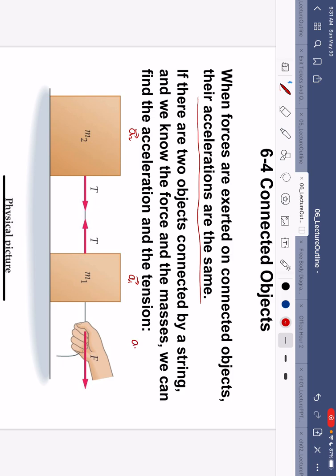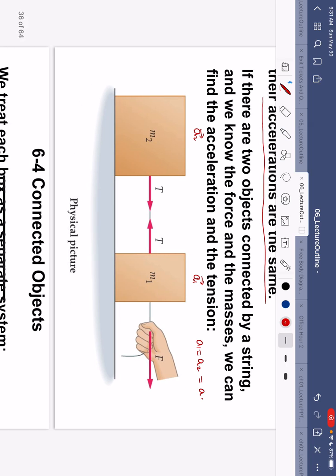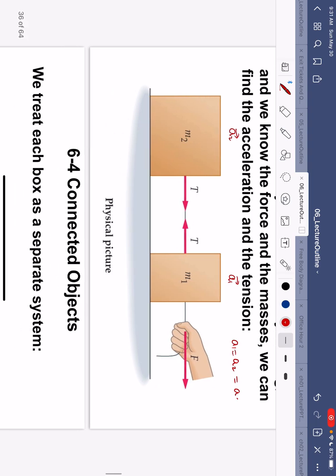Then here A1 equals A2, and it should be one A. Because if you say A1 and A2 and you start solving your problems, you might find, oh wow, I have too many unknowns. And of course, the tension in between them is going to be the same. We know the force and the masses, so we will be able to find the acceleration of the system and also the tension in the string.